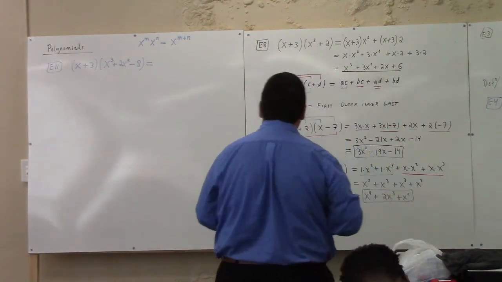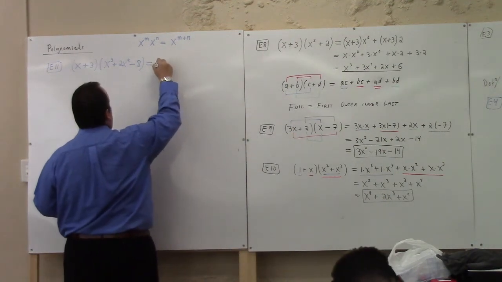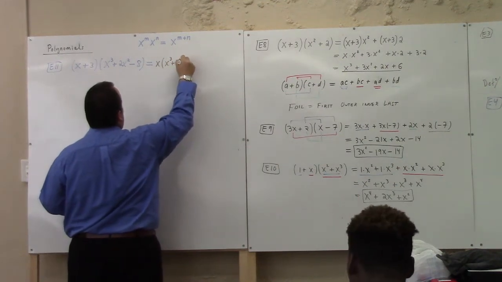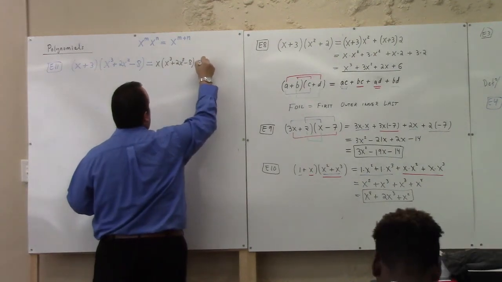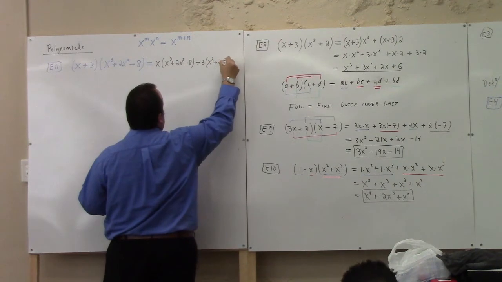We're going to use the distributive property again. So we do x times x cubed plus 2x squared minus 8, plus 3 times x cubed plus 2x squared minus 8.